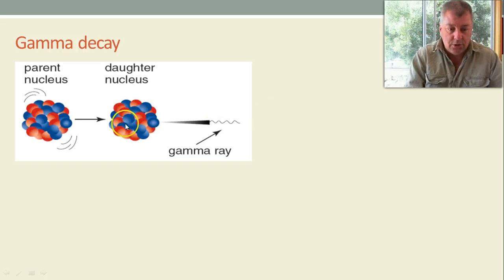And so the daughter nucleus is the same as the parent nucleus but with less energy, and so the protons and neutrons have arranged themselves in a more stable arrangement.